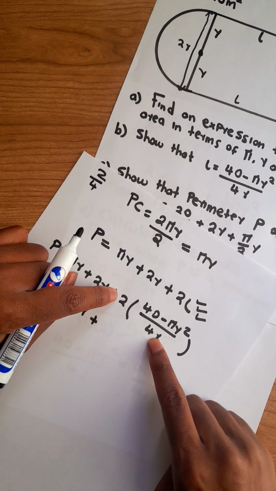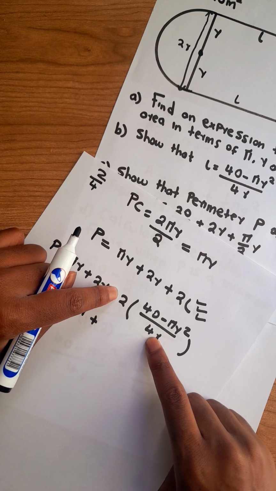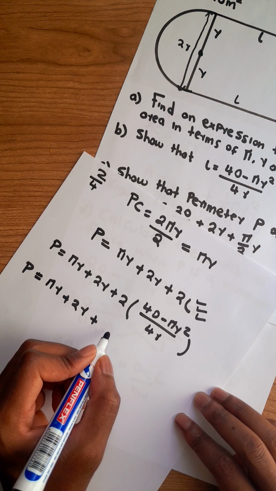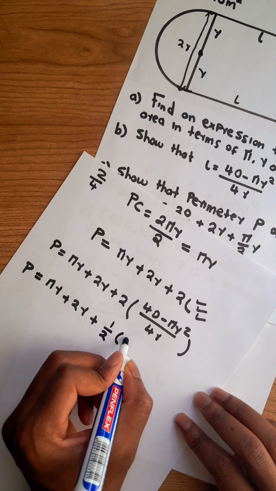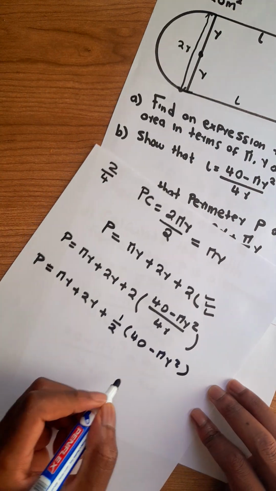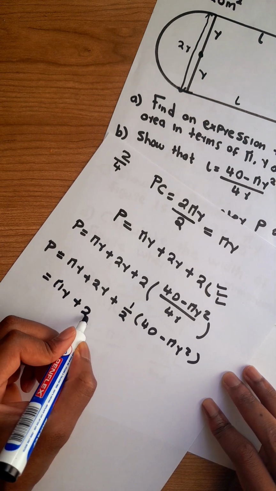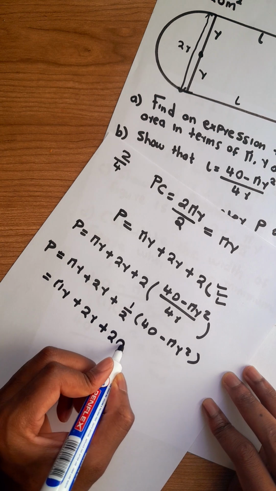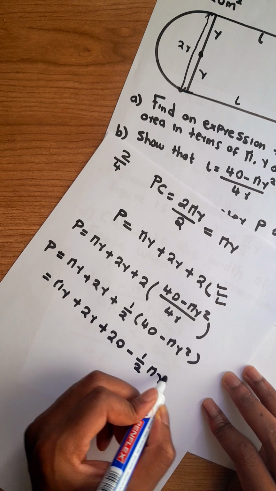This 2 will divide this 4, and it is just going to be a half, which will multiply 40 minus pi r squared. So it is going to be pi r plus 2r plus 20 minus 1 over 2 pi r squared.